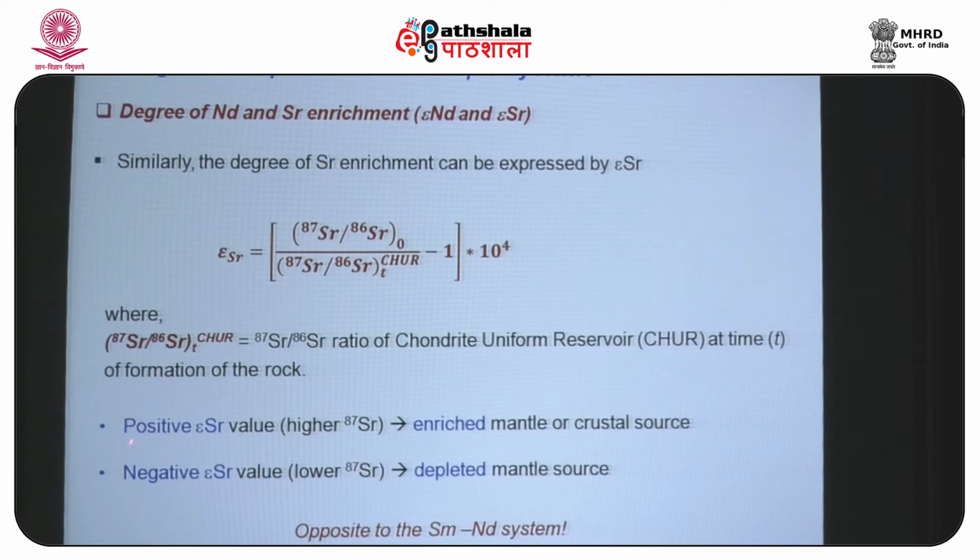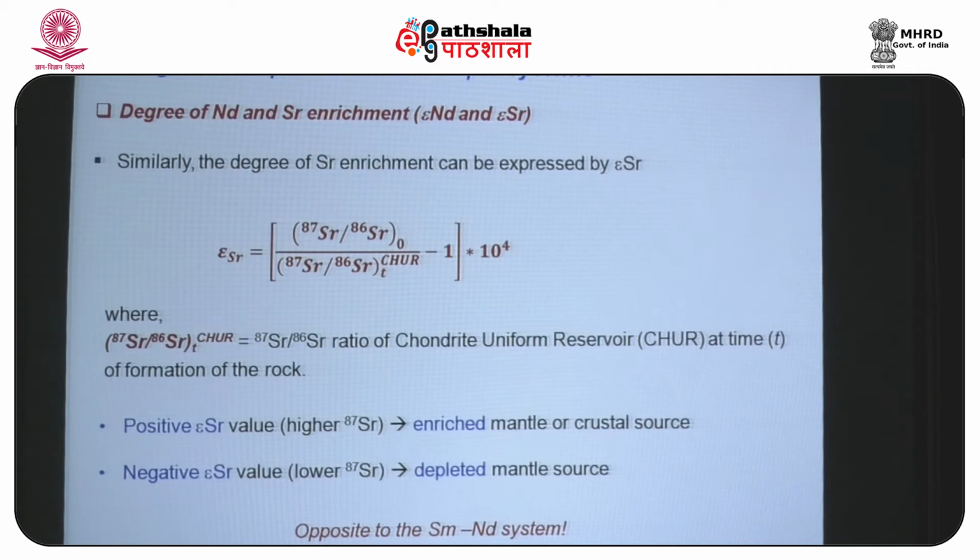But what you see here is that when we have a positive epsilon Sr, meaning higher strontium 87, it comes from an enriched mantle or crustal source, because as we have seen in the previous diagrams, 87 strontium is enriched in the crust relative to the bulk earth.